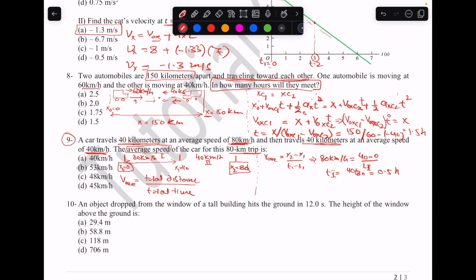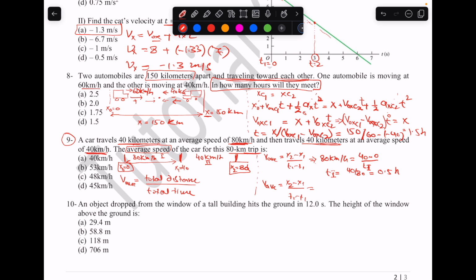Now from here to here, he traveled at 40 kilometers per hour. So V average in that case is x2 minus x1 in the second interval, divided by t2 minus t1.